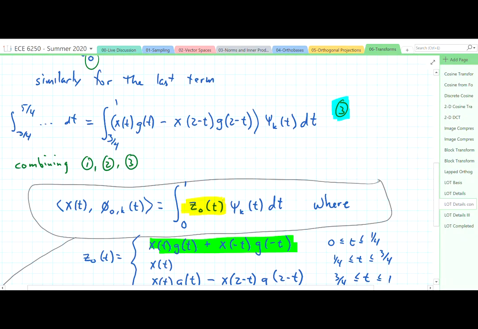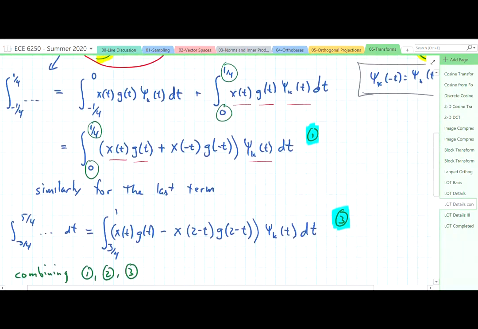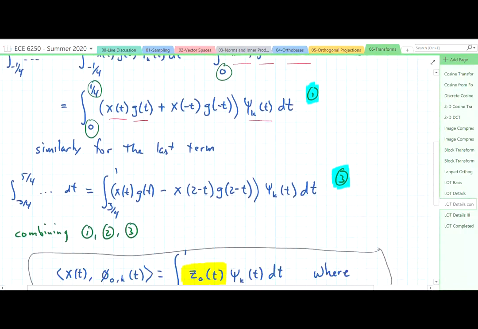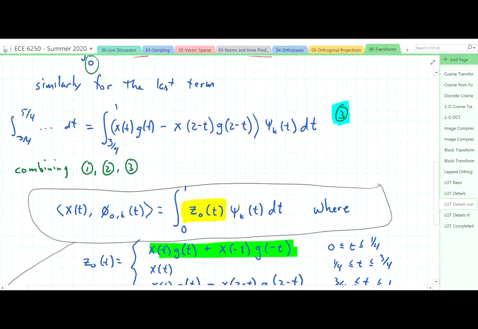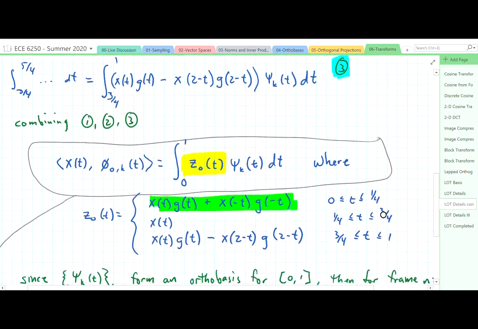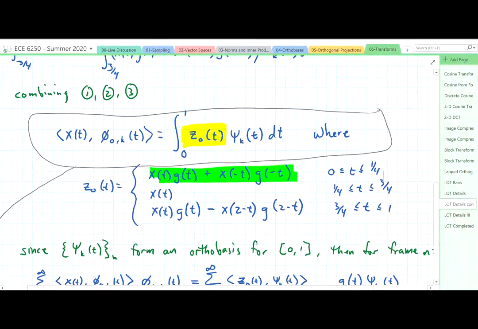Well, as you might imagine, this function z is going to be a big expression. But everything in 1, 2, and 3 were multiplied by psi k of t. So we have our psi k of t right here. And our z is going to be this strange function between 0 and 1/4.